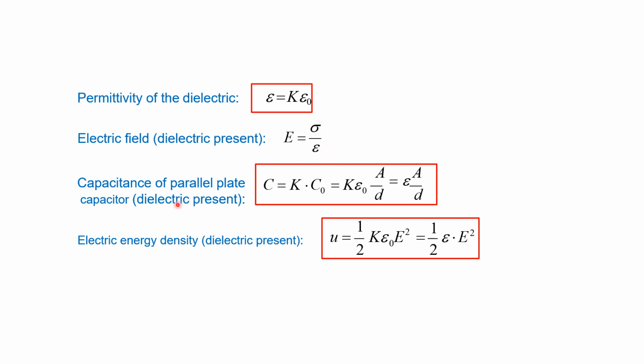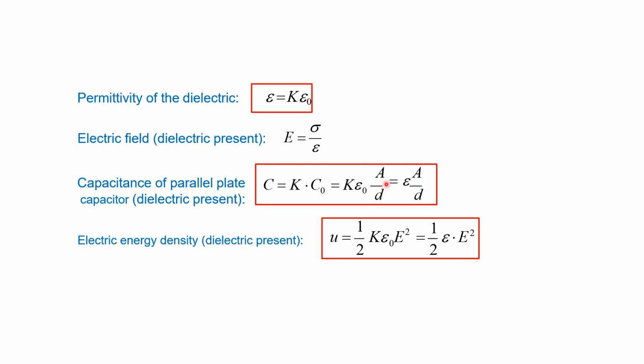For the capacitance of a parallel plate capacitor where your dielectric is present, your capacitance C is equal to K times C naught. C naught here is your capacitance when there is no dielectric in between your plates, and C naught is equal to epsilon naught A over d. So what happens with your capacitance is that you have some K that's multiplied to your initial capacitance.